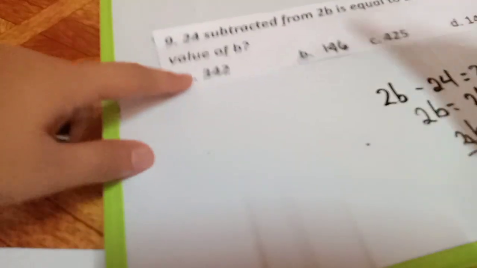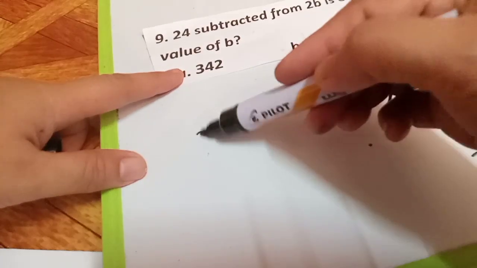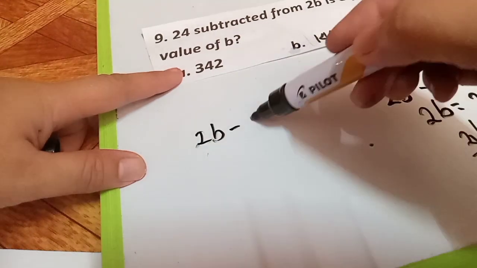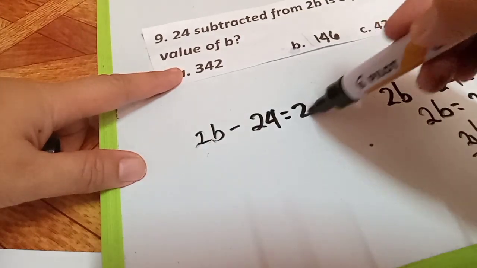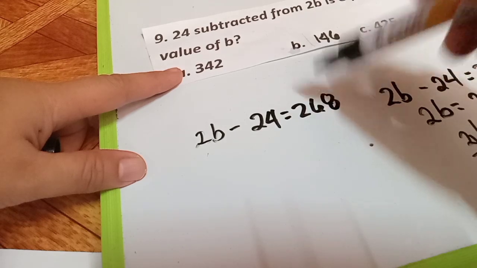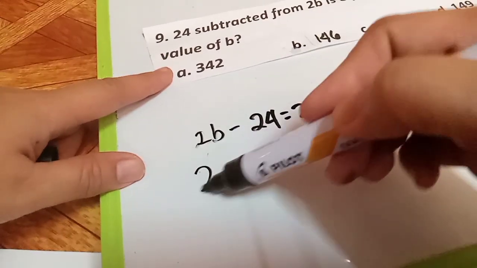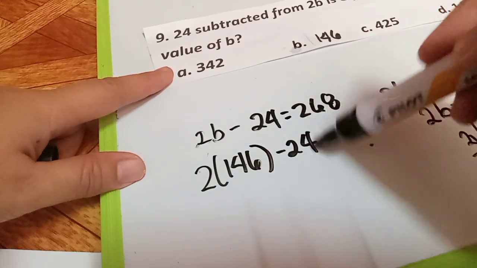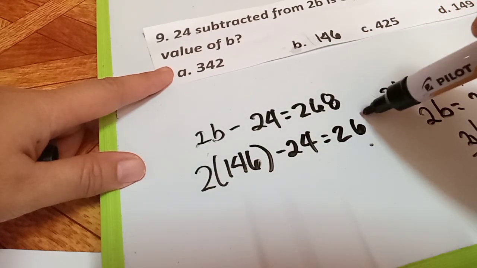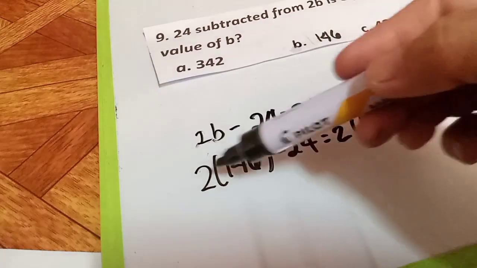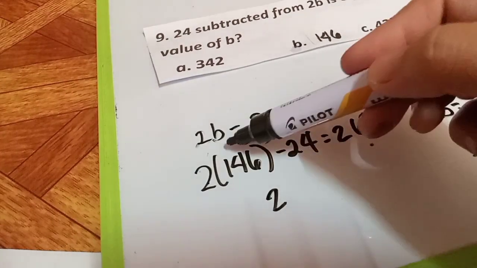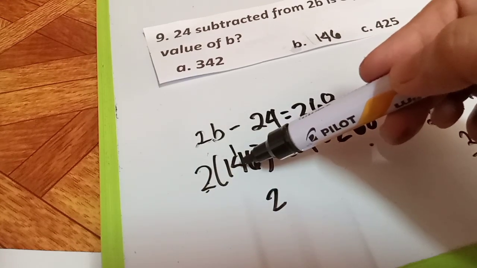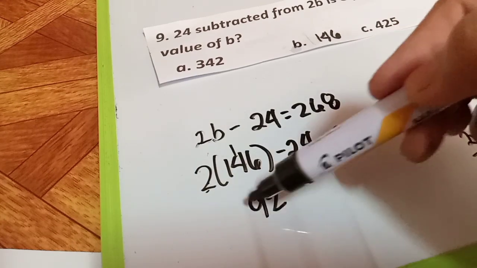We will go back to the formula 2b minus 24 equals 268. And we know that b is 146. 2 times 6 will become 12. 2 times 4 is 8 plus 1 will be 9.